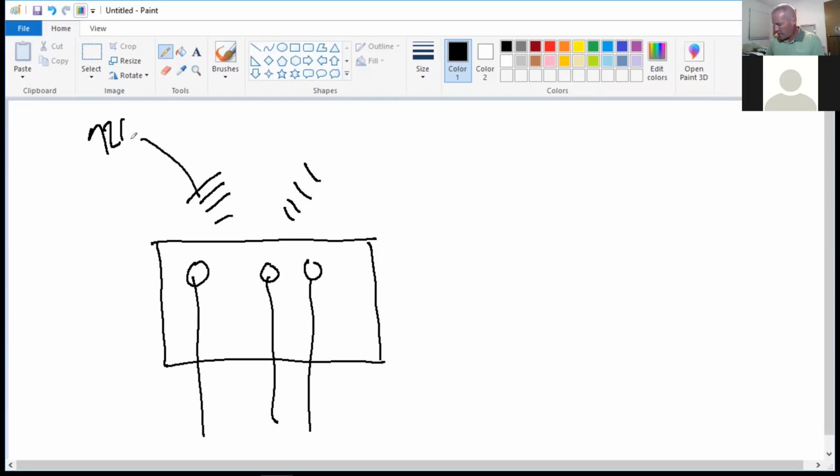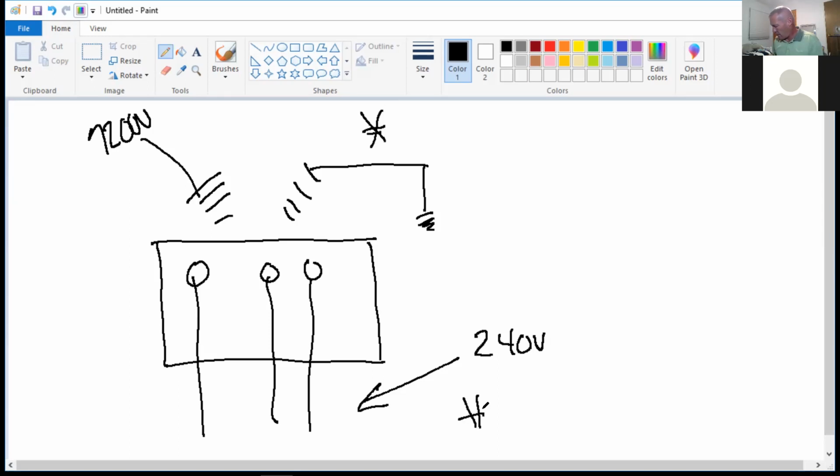I have 7,200 volts. You ground this bushing right here. Coming out of my transformer total, remember we have to use the total output voltage, is 240 volts. What's the ratio between the primary top side and the secondary bottom side?